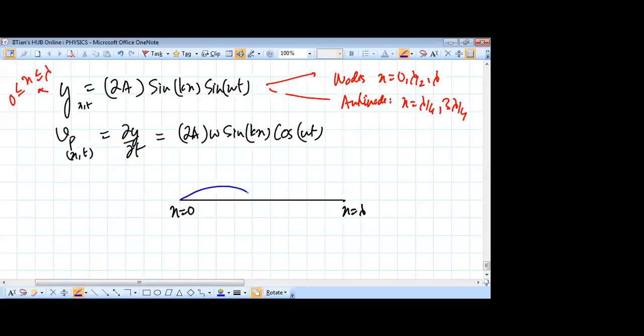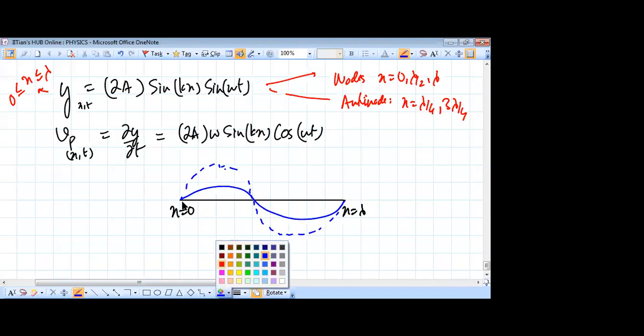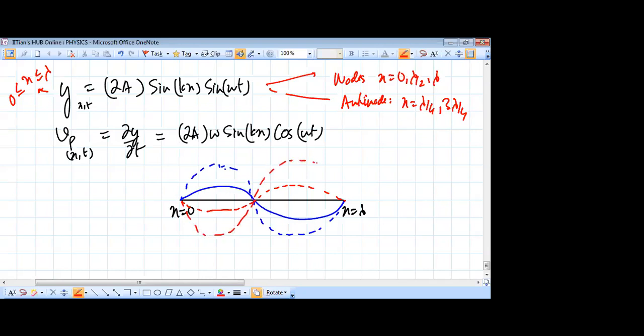At any instant of time in between, so like this, after some time, when it comes to the negative side, this one comes to the positive side. This is how it is.